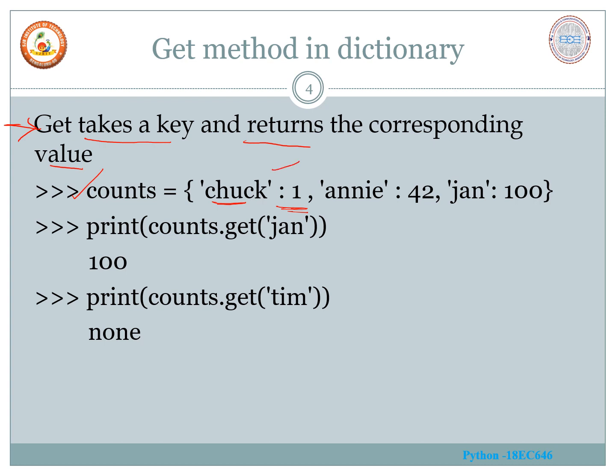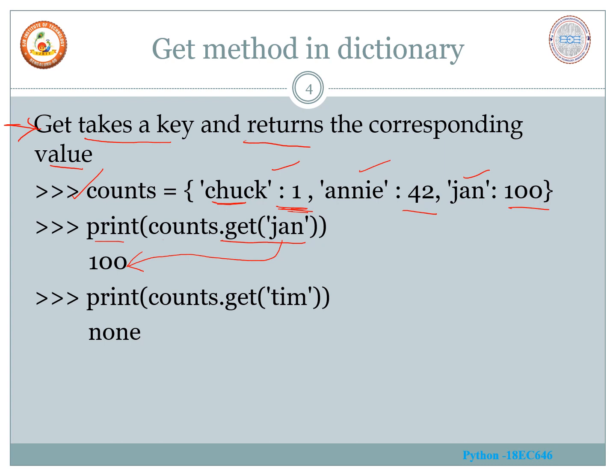Here I have three dictionary keywords, that is Chuck, Annie, and Jan, each assigned with the values 1, 42 and 100. Now when I print counts.get of Jan, the value of Jan will be obtained and displayed.